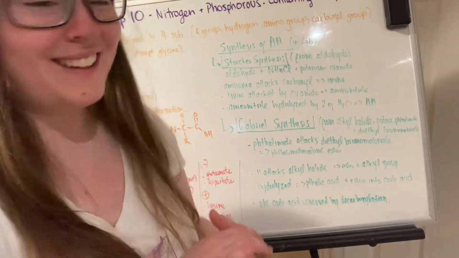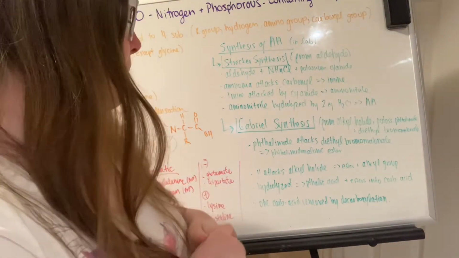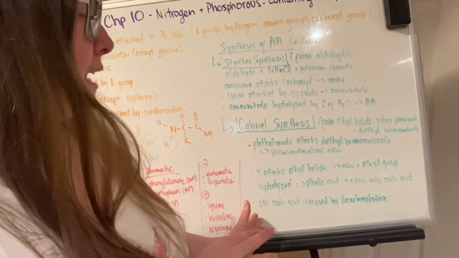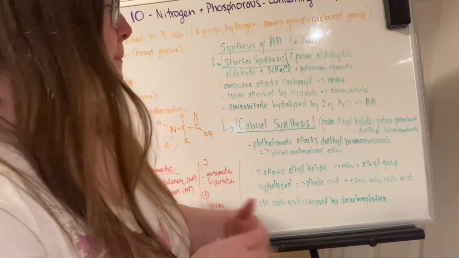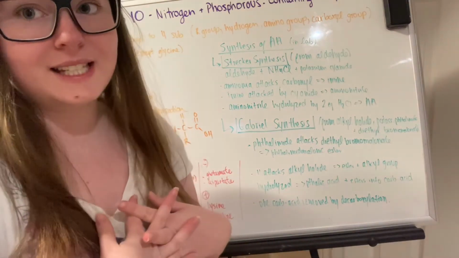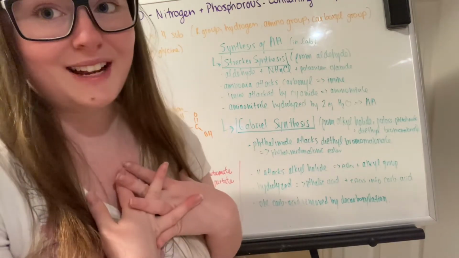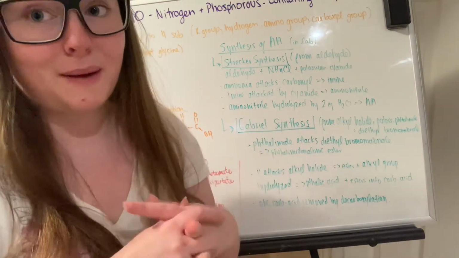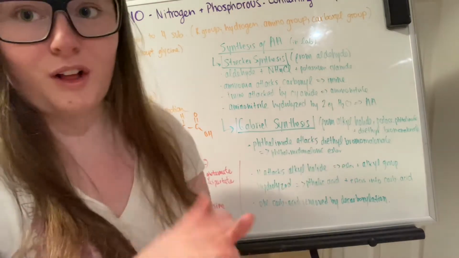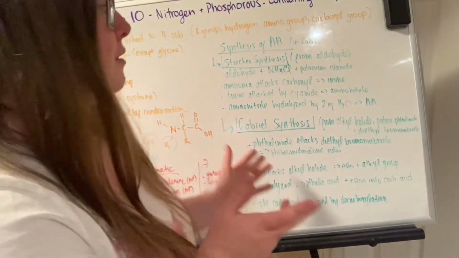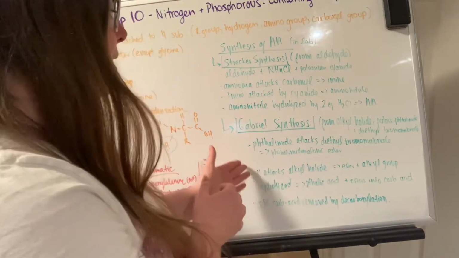A mouthful. I'll read through these steps. Me personally, I don't know if I can necessarily advise you to know this or not. I personally haven't necessarily seen it, but don't take my word for it. If you really want to get all of your content review, there would be no harm in knowing this.